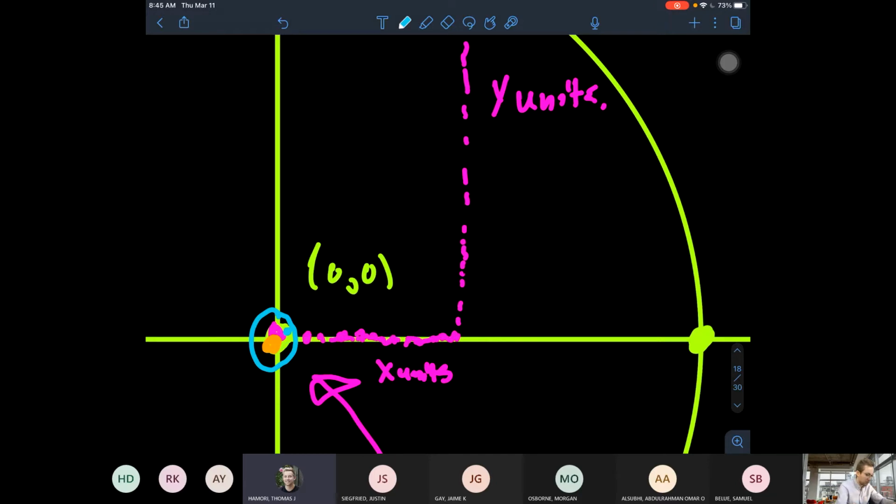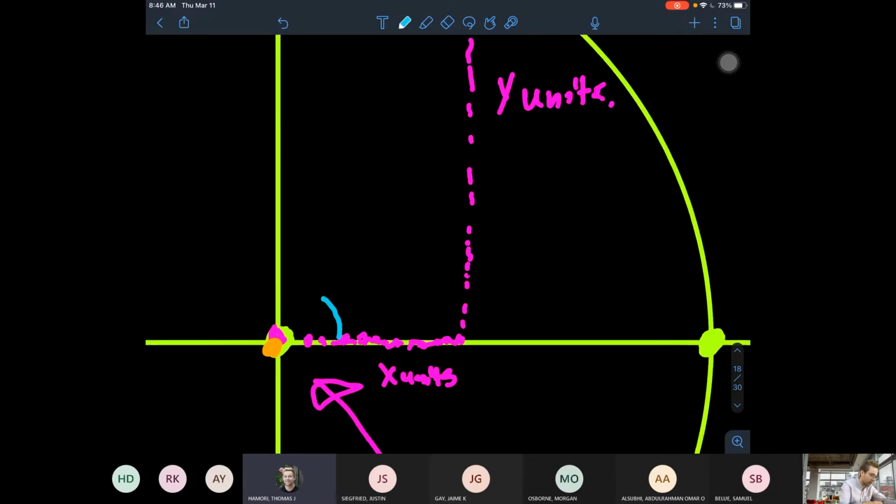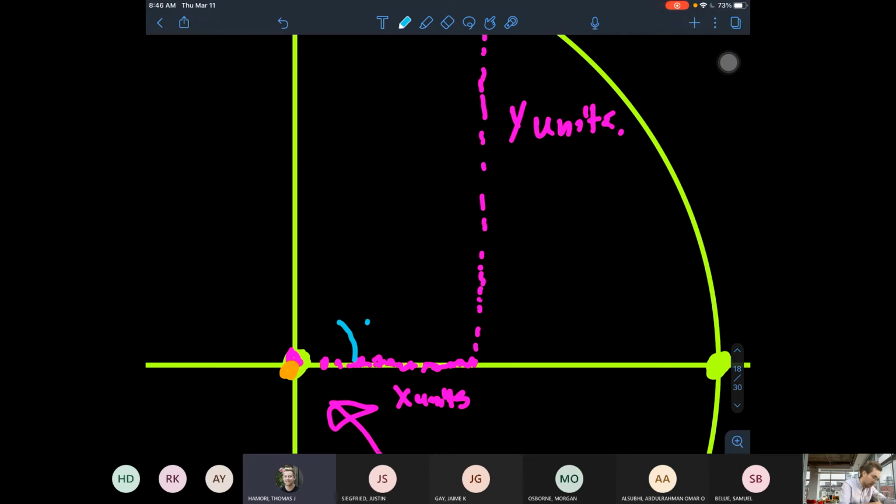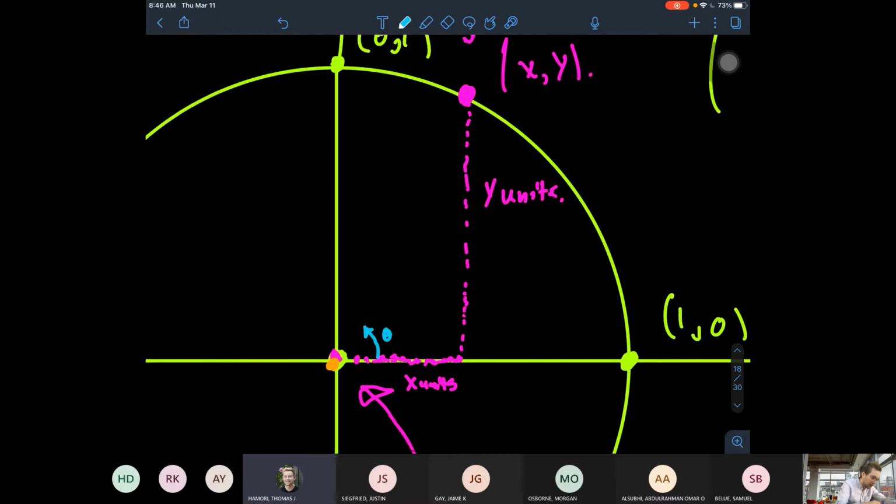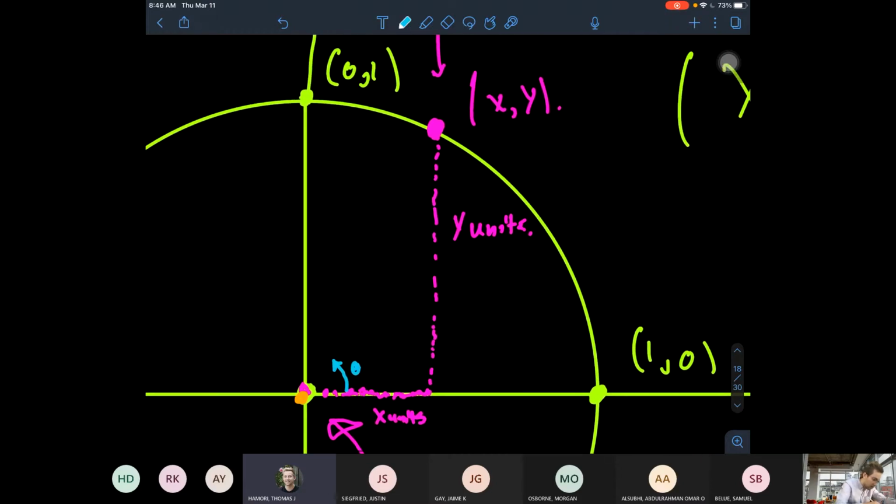The new process is first to turn the orientation of my body. Let me get rid of this. Like that. To turn the orientation of my body by theta degrees, or theta radians. And then once I'm turned, I'm just going to walk straight.